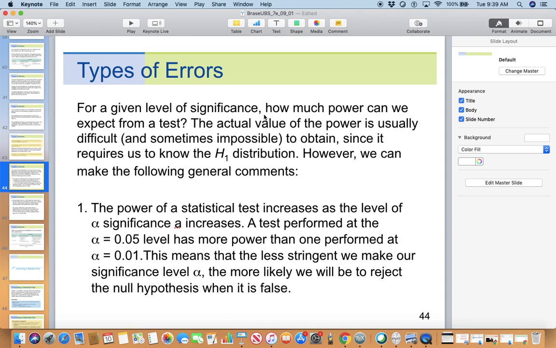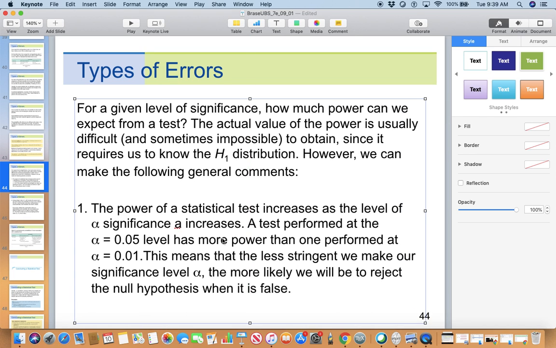For a given level of significance, how much power can we expect from a test? The actual value of the power is usually difficult and sometimes impossible to obtain, since it requires us to know the H1 distribution. However, we can make the following general comments. The power of a statistical test increases as the level of significance alpha increases.